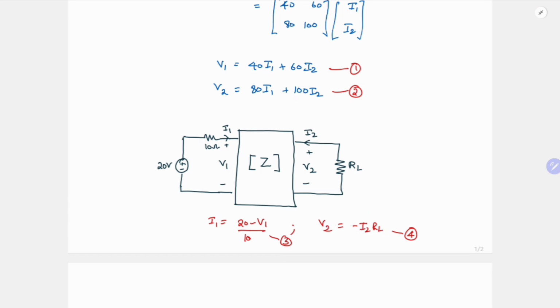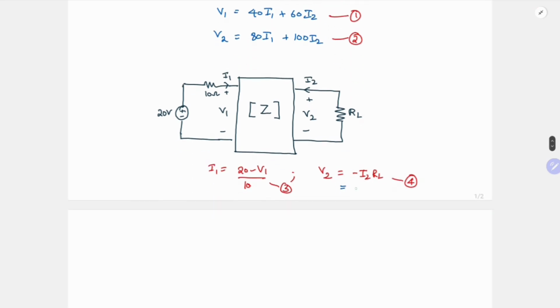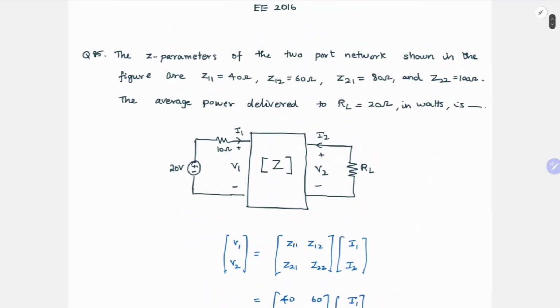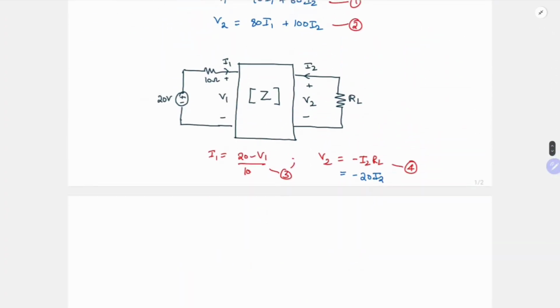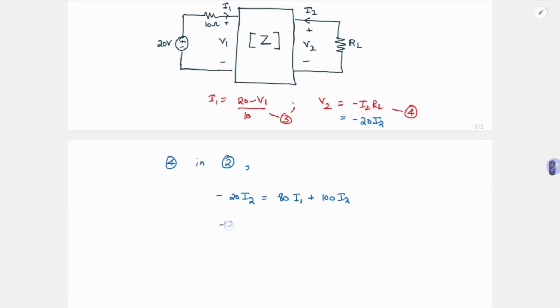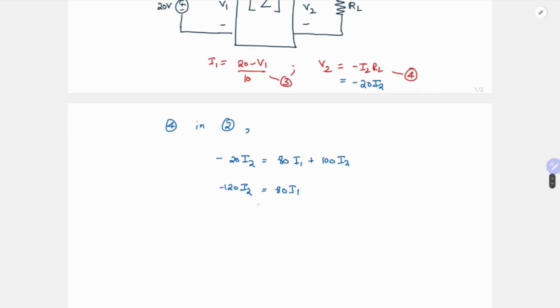So first I'll substitute this in this equation. This is nothing but minus 20 I2 because RL is 20. So substituting 4 in 2, minus 20 I2 is equal to 80 I1 plus 100 I2. So minus 120 I2 is equal to 80 I1.